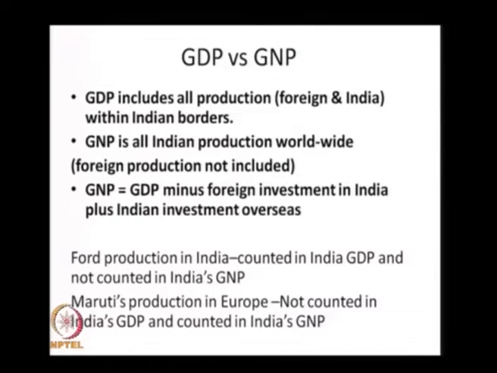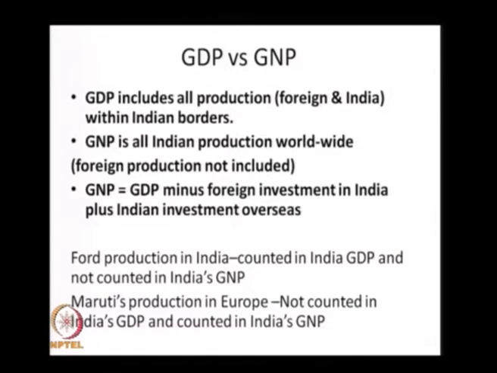So if we need to understand it from a different perspective, GNP is GDP minus foreign investments in India plus Indian investment overseas. For example, if Ford is producing cars in India, it is counted in India's GDP but not counted in India's GNP because Ford is not Indian.